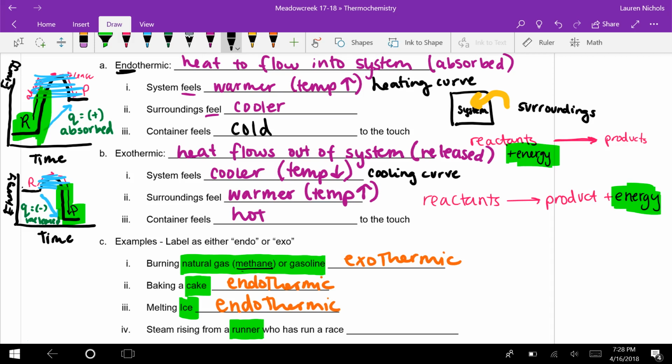Now, in order to turn the water around the runner in the air, and the sweat on their skin, into steam, they are going to have to be releasing a lot of heat to go from a liquid to a gas, and so this would be an exothermic reaction.